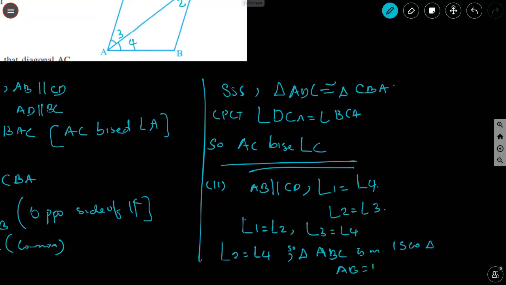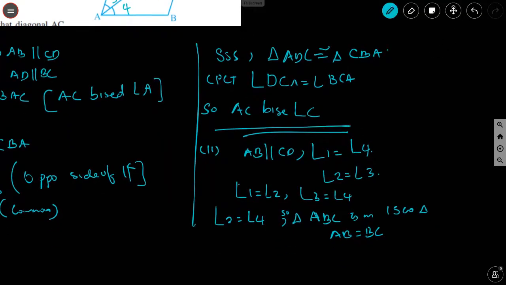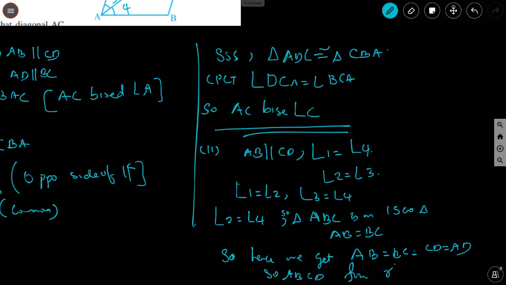If AB is equal to BC, then all sides will be equal now. So from above we get AB equal to BC equal to CD equal to AD. So ABCD forms a rhombus. Hence the answer.